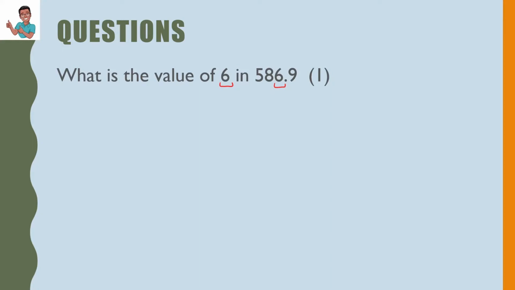We're looking for 6. We write down the number and we write the units. Since that's what we're looking for, we know units have the value of 0 to 9, so therefore 6 must have the value of 6.